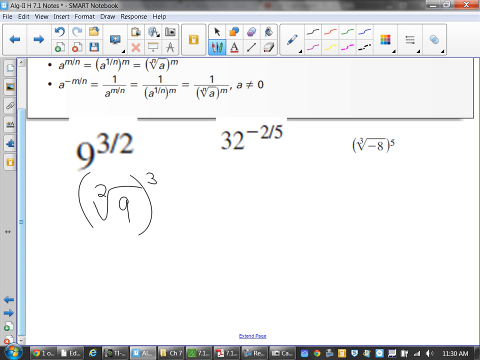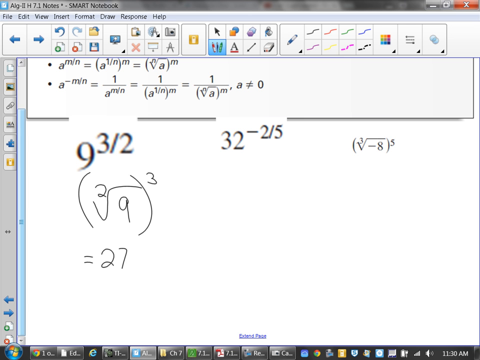Think about your order of operations. You have to start on the innermost parenthesis. What's the square root of 9? 3. What's 3 cubed? 27. You can do this by hand. When they have a negative, what's the first thing you're going to do? Make it positive.